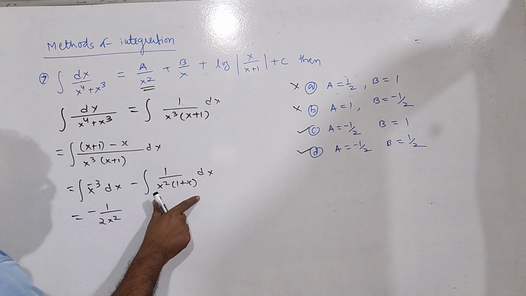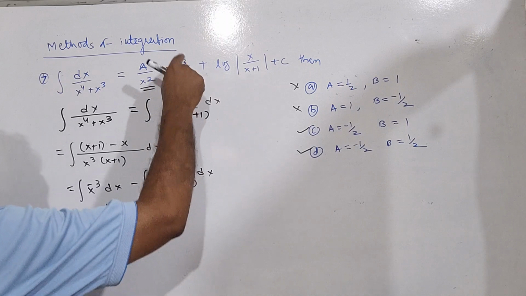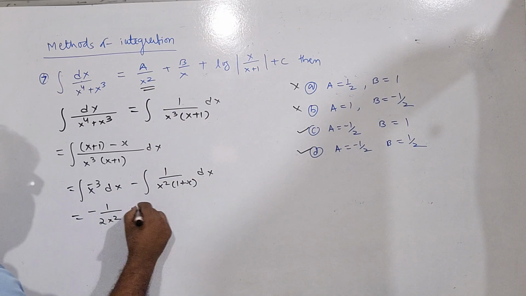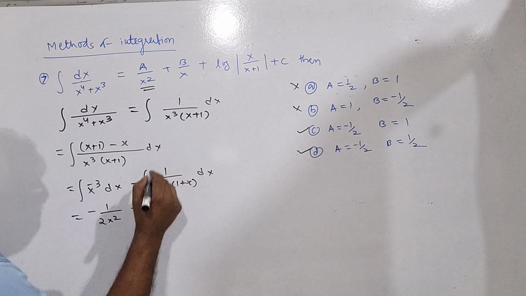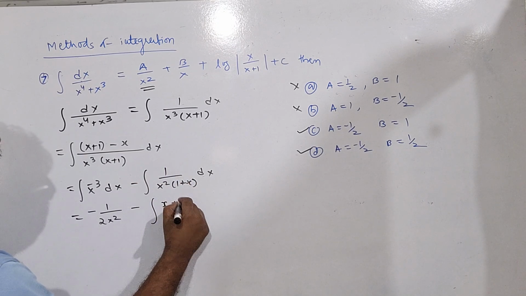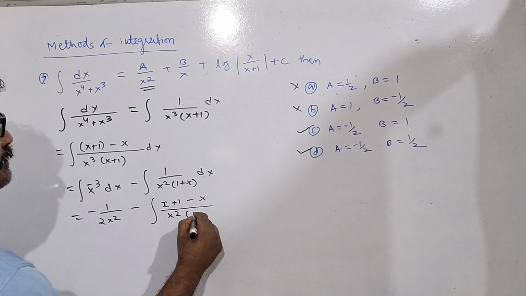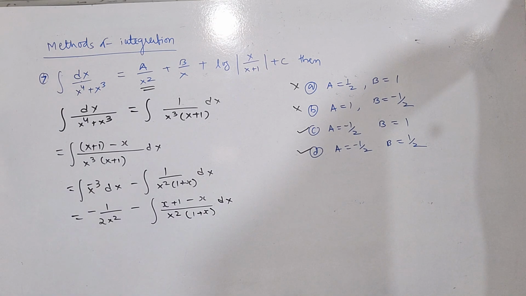Here also we have to integrate, because I know that in the answer there will be this type of terms. Correct. The similar concept I can use over here. 1 plus x, 1 is there. So therefore plus 1 and minus x. Correct. x square 1 plus x dx. Now I hope that it is very easy to understand the method of integration.